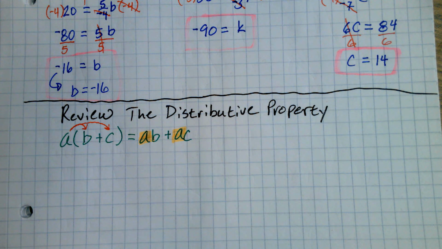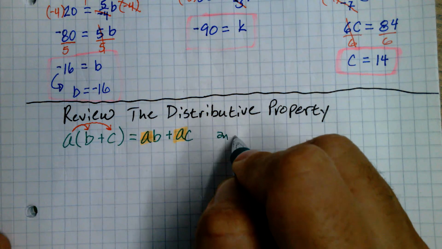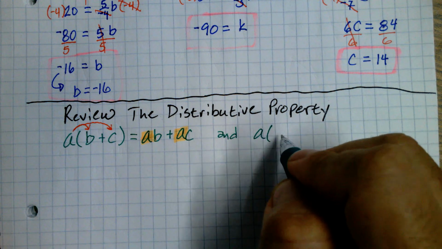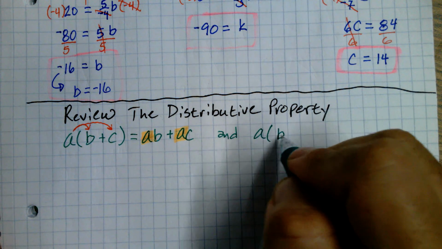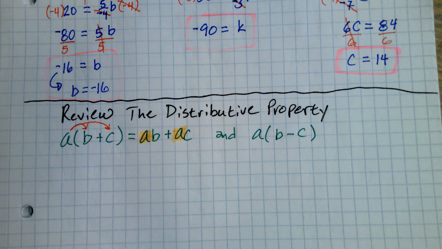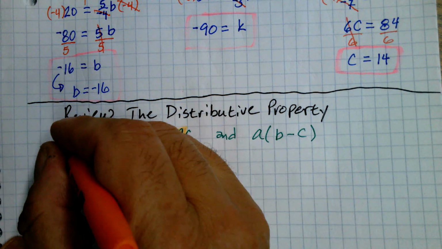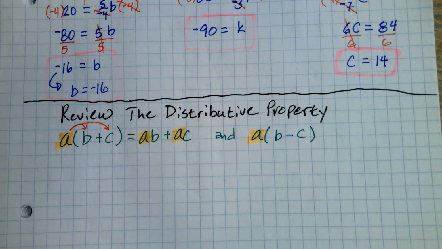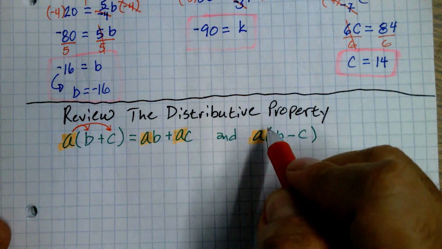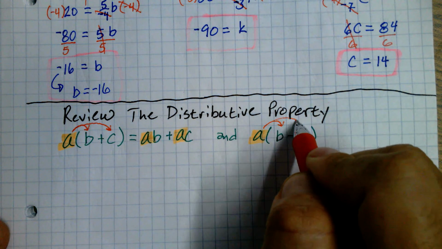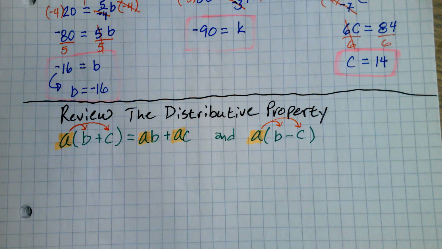It works as well when we have a difference: A times the quantity B minus C. Just like before, we multiply the number outside to the numbers inside, which we call distributing.